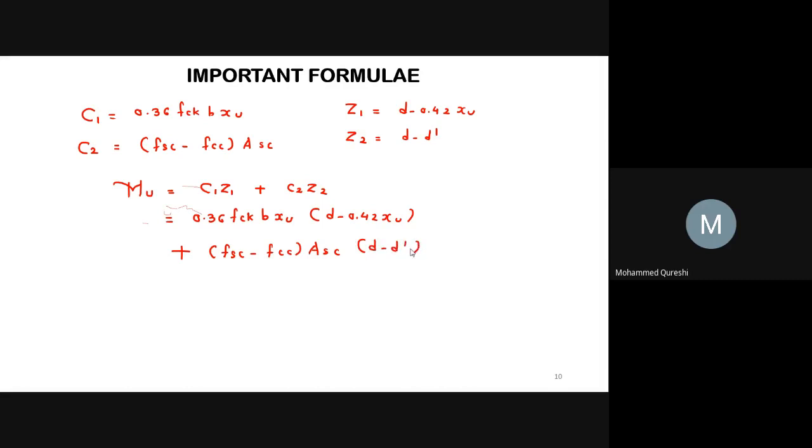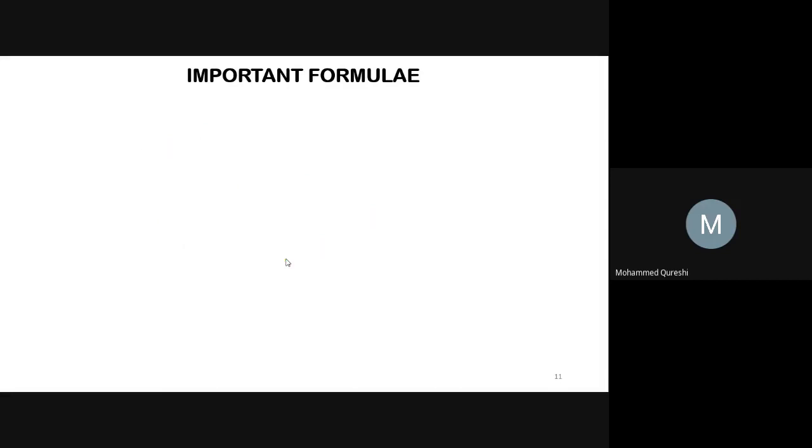By using this equation, you may easily calculate the value of Mu. And if the value of fcc is neglected, then you will get the equation Mu equals 0.36 fck b into xu bracket d minus 0.42 xu, plus fsc into Asc into d minus d dash. So by this equation, you may easily calculate the value of Mu.